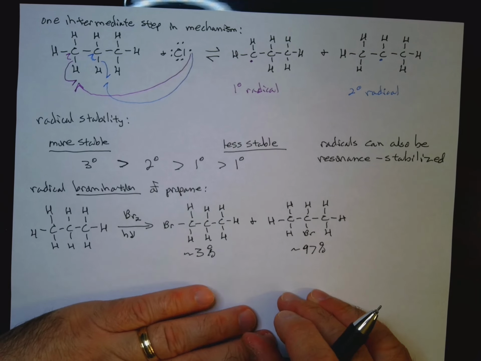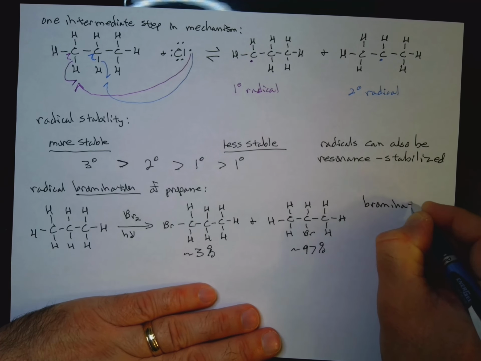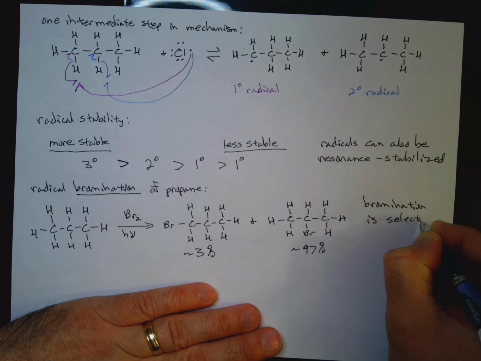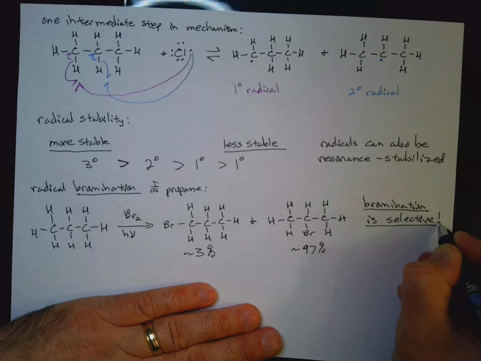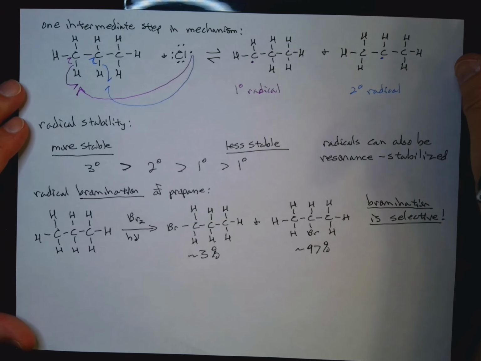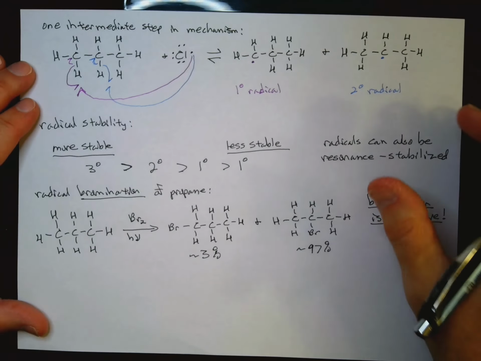Okay, chlorination is not very selective, but we'd say bromination is selective. So that's often why you'll see me, in doing a synthesis, using something that has bromine in it. So stick a bromine on something, because you can use this in synthesis.